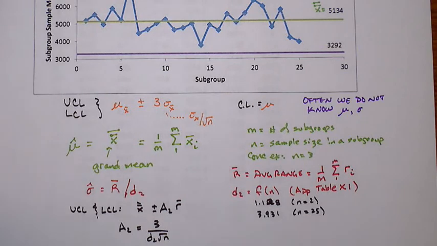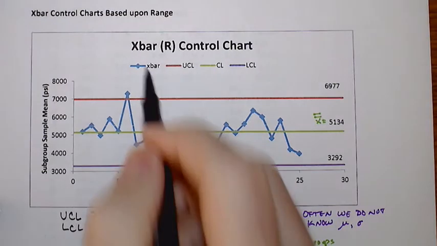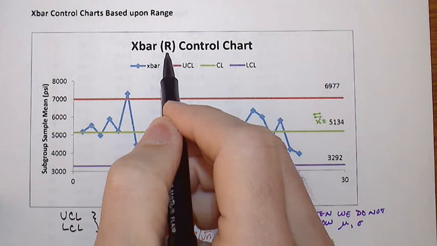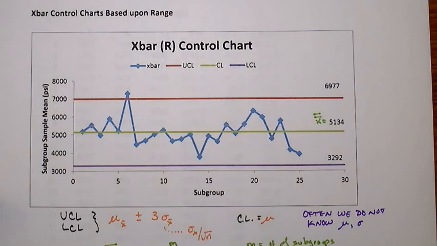Note that the symbols I've used here are for an Xbar control chart. It is based upon the range. We could also create a control chart for R itself.